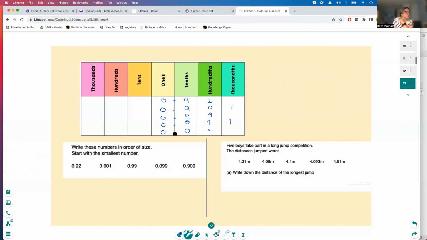Oh no, hang on, sorry, I'm doing the same one twice. Make sure you haven't done the same one twice. 0.909.